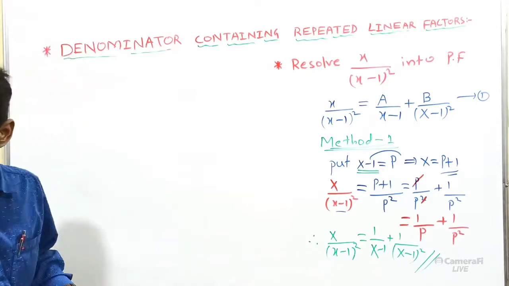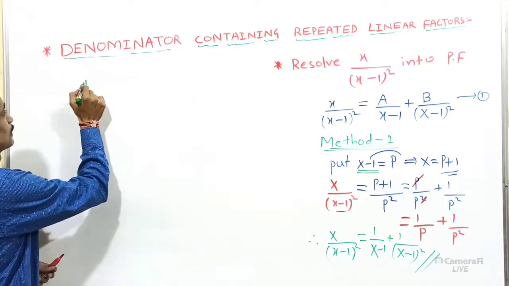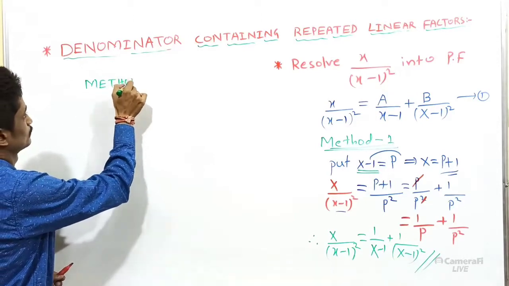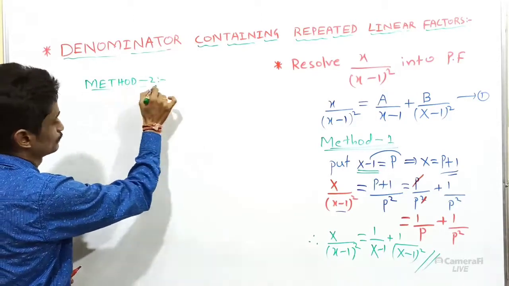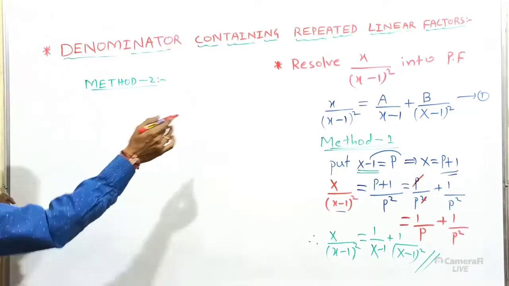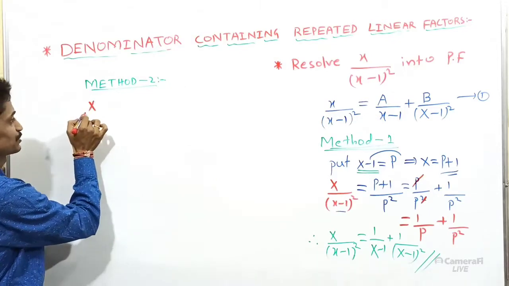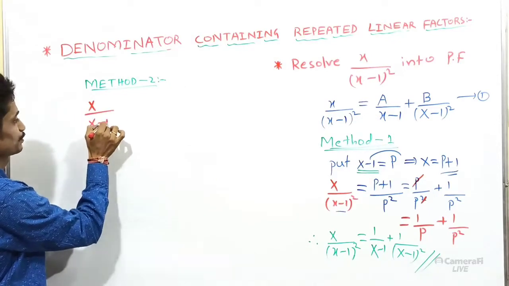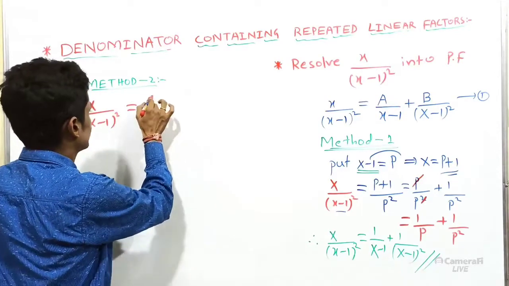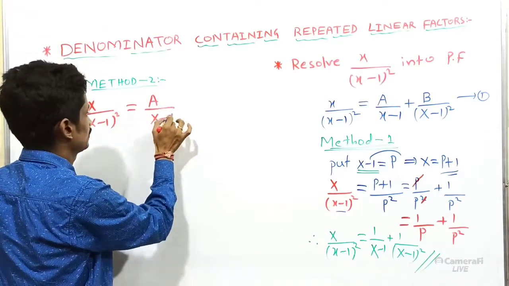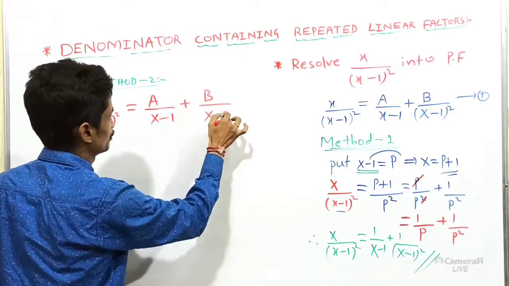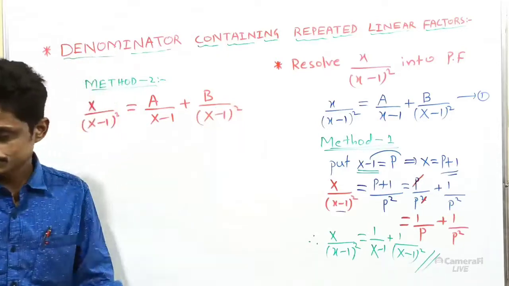We'll move to method number 2. What is that method number 2? Just copy paste that one, x divided by x minus 1 whole square equal to a divided by x minus 1 plus b divided by x minus 1 whole square.